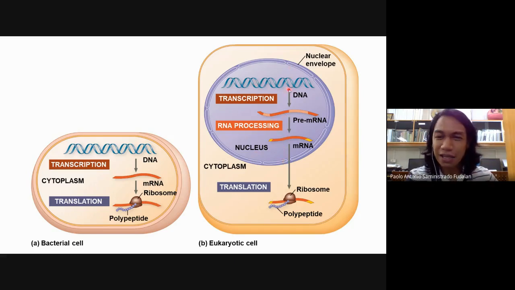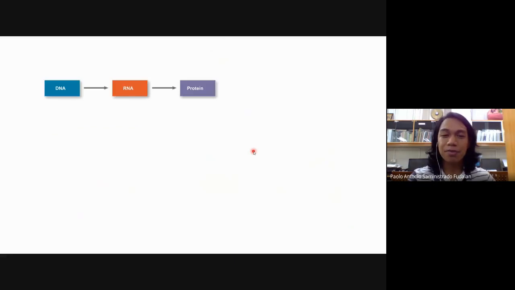Okay, and take note, before the end of transcription, there is RNA processing. So our topic this morning, the rest of this lecture, will be this portion. Inside the nucleus, DNA transcription and RNA processing. Right. So this, guys, I think you've done already in your laboratory.